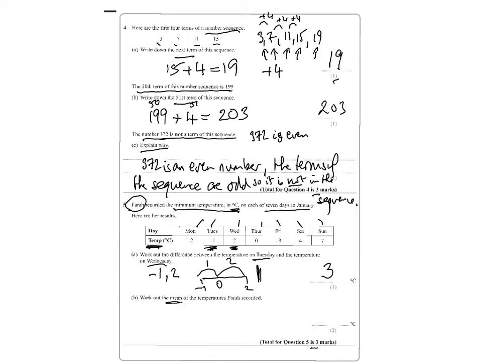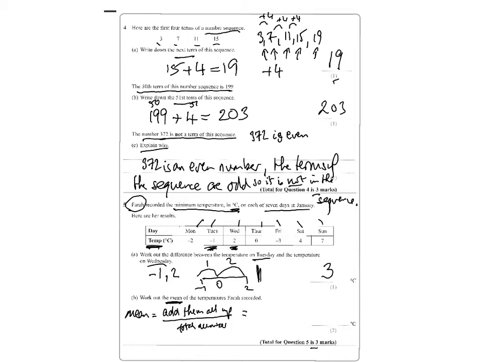Work out the mean. So the mean is add them all up and divide by the total number. Okay, so in this case, if I add them up, I'm going to start here.